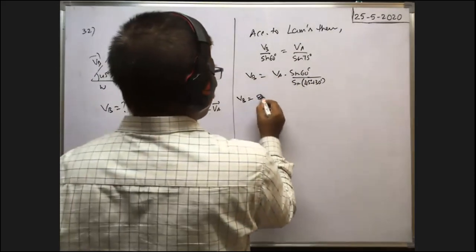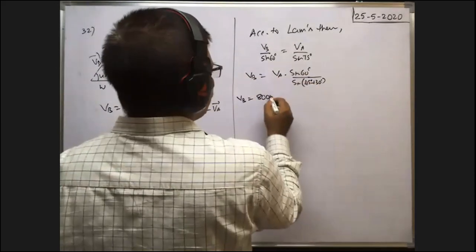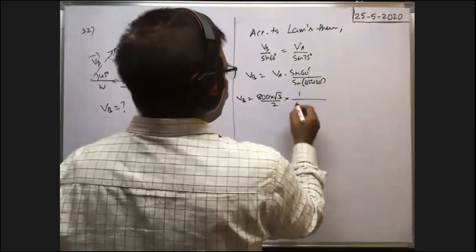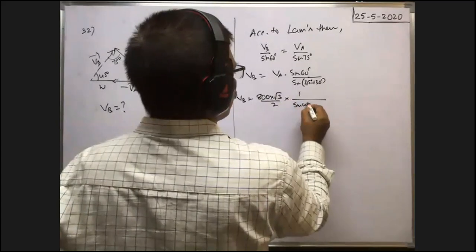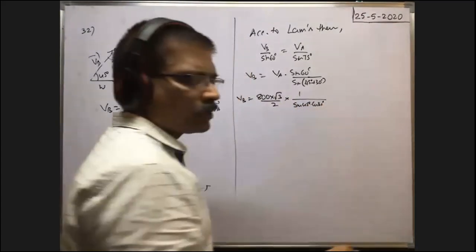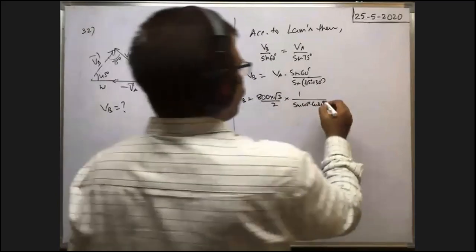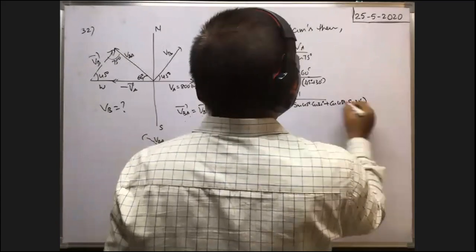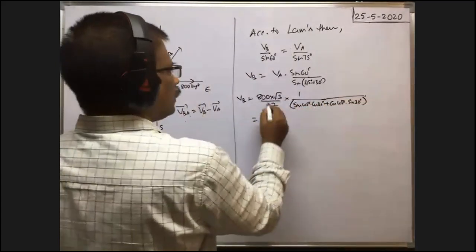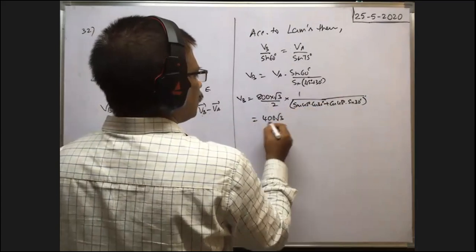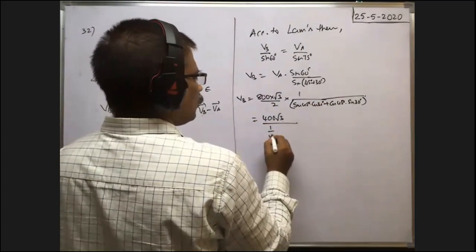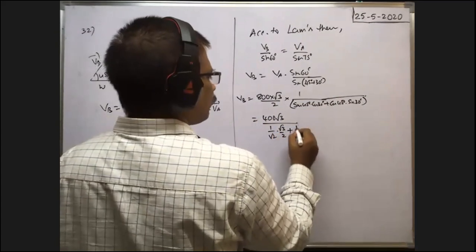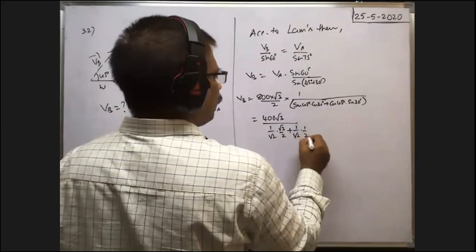That means 800 into sine 60, root 3 by 2, into 1 by sine of A plus B. Sine of A plus B is equal to sine A cos B plus cos A into sine B. Now this is equal to 400 root 3 by sine 45, 1 by root 2, into cos 30, root 3 by 2, plus cos 45, 1 by root 2, into sine 30, 1 by 2.